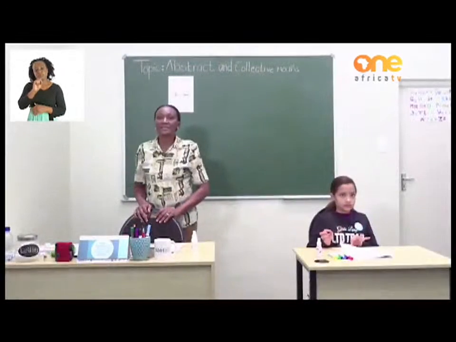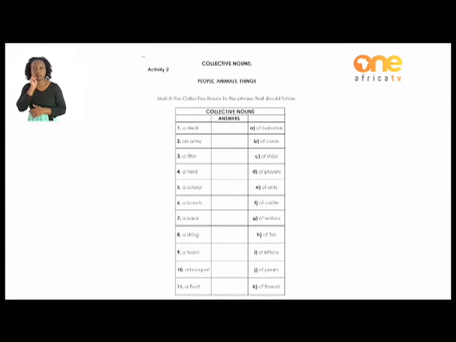Moving on to page 18. On page 18, we are going to do activity 2 on collective nouns. What are you supposed to do? You are supposed to match the collective nouns to the phrases that should follow.